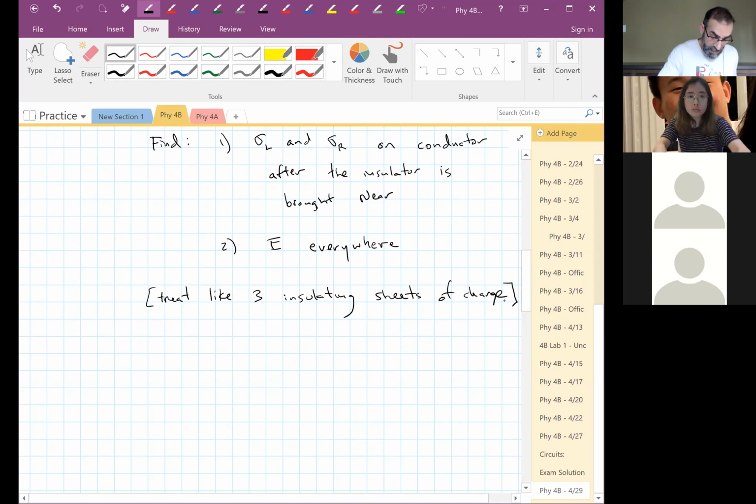So I have one here with sigma L charge density, and I have one here, sigma R charge density, and then I have my insulating sheet over here, sigma insulator, that never changes, right?